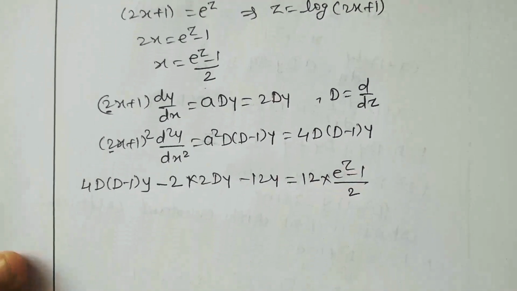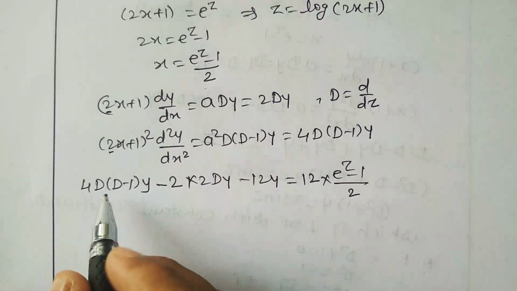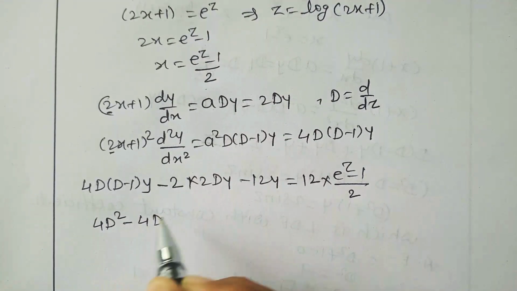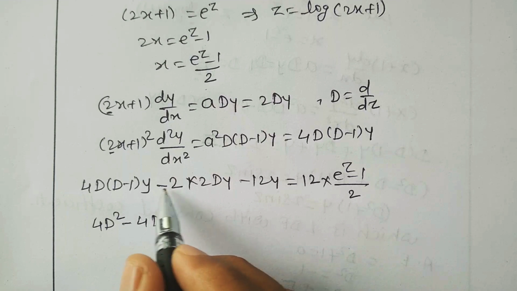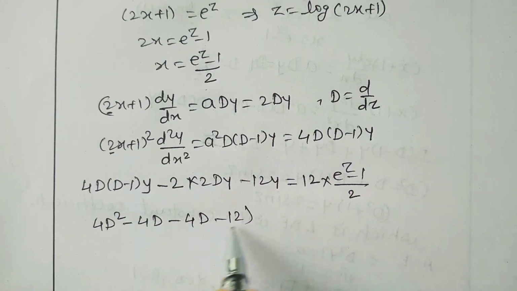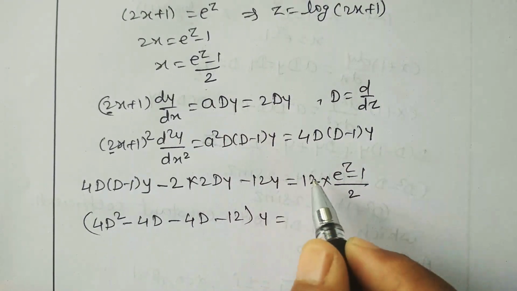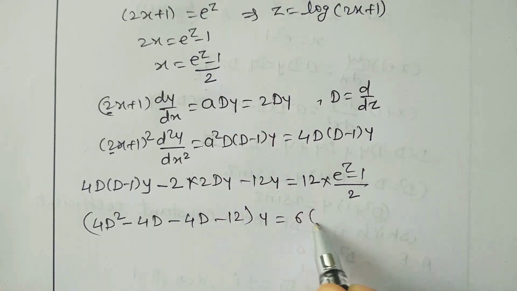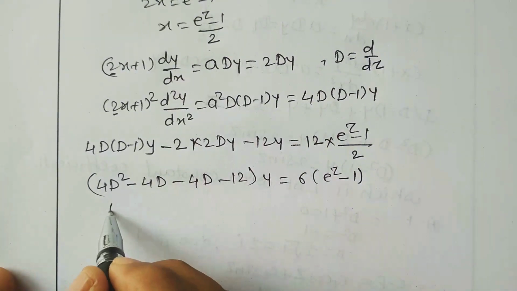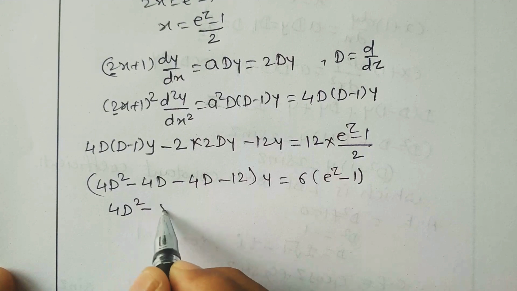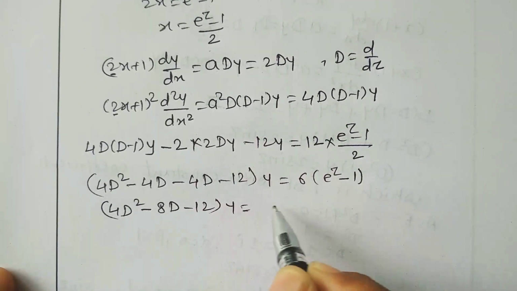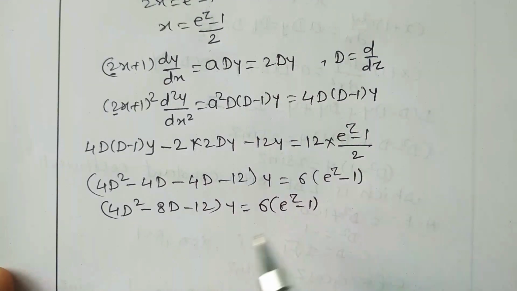Then taking y outside, you will get 4D² − 4D − 4D − 12 times y equals 12/2, it is 6(e^z − 1). So after simplifying you will get (4D² − 8D − 12)y = 6(e^z − 1).